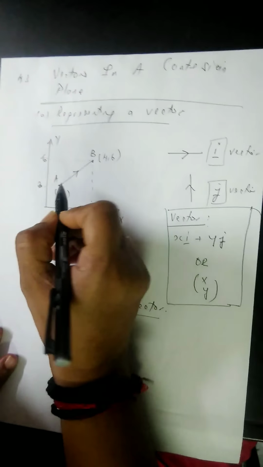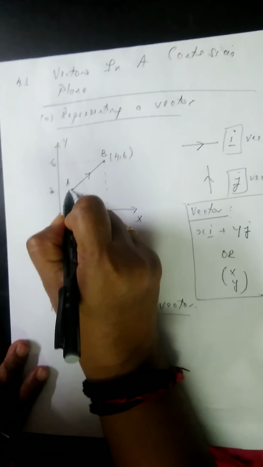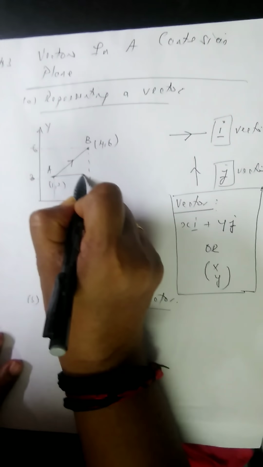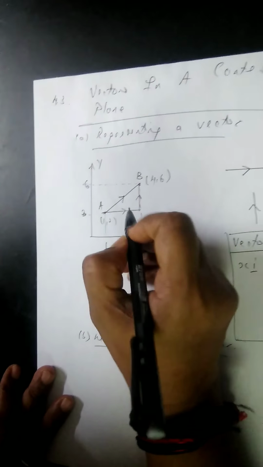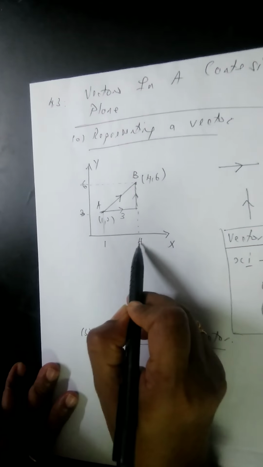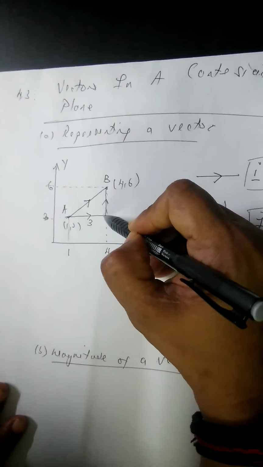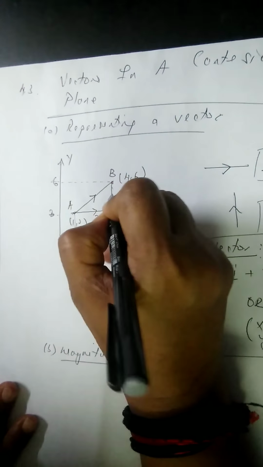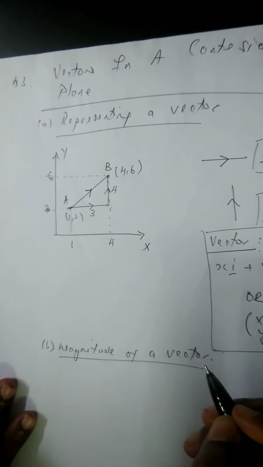As we have seen before, a vector is a combination. So if this is my resultant, it's actually a combination of two vectors. From here to here, this will be 3 units, 4 minus 1, so this is 3. This is 2 up to 6, so this will be 4.